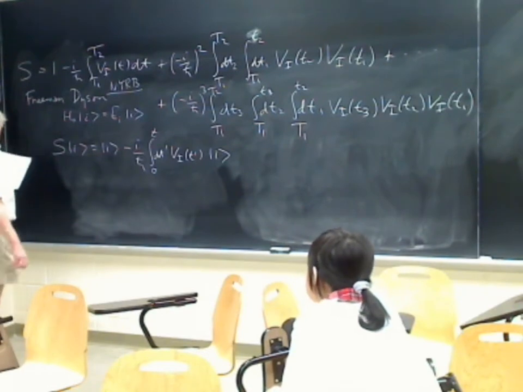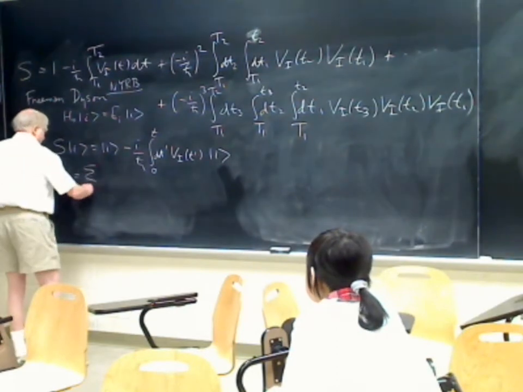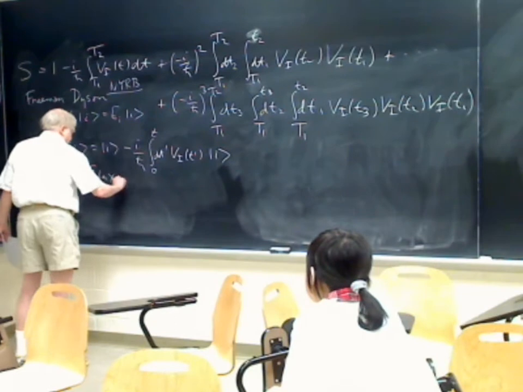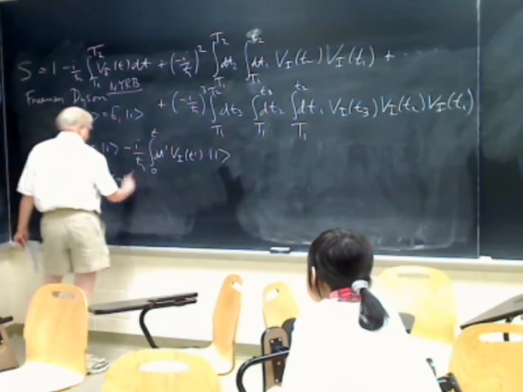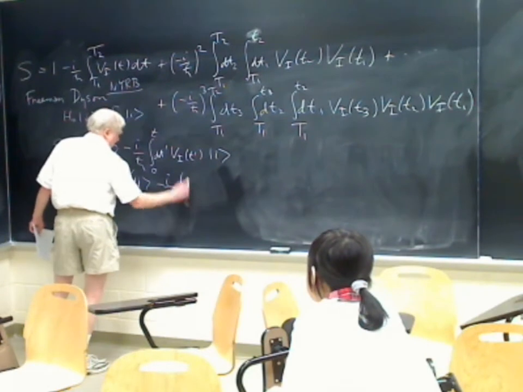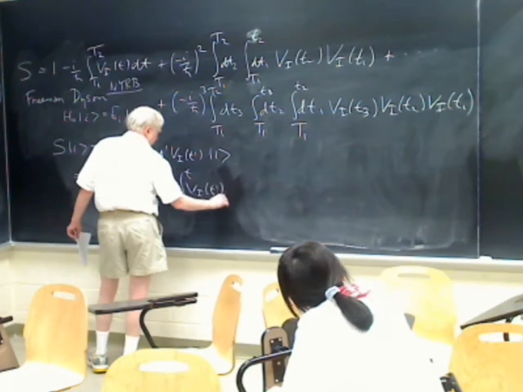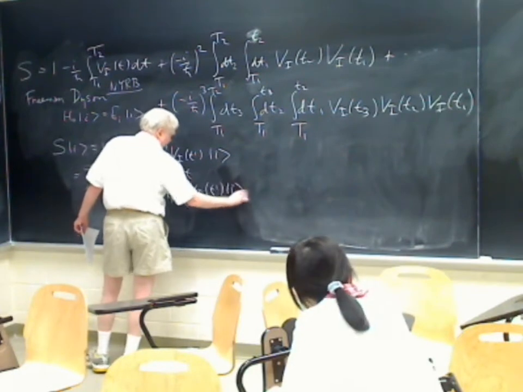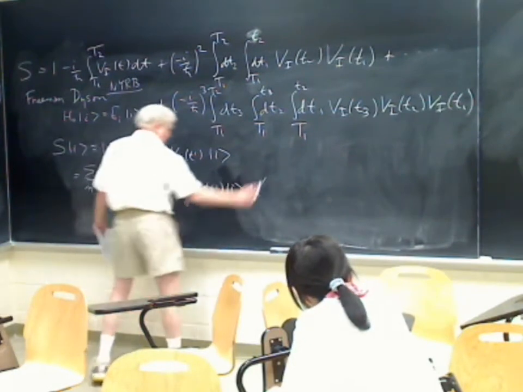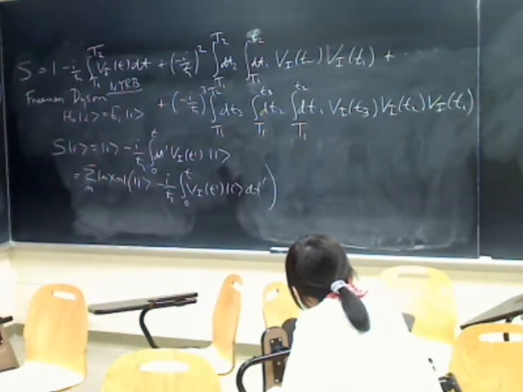Okay. If we insert a complete set of states, and again, eigenstates of the free Hamiltonian here, we have I minus I over H bar integral 0 to t, N, N VI of t prime I dt prime. Okay, so what is this?